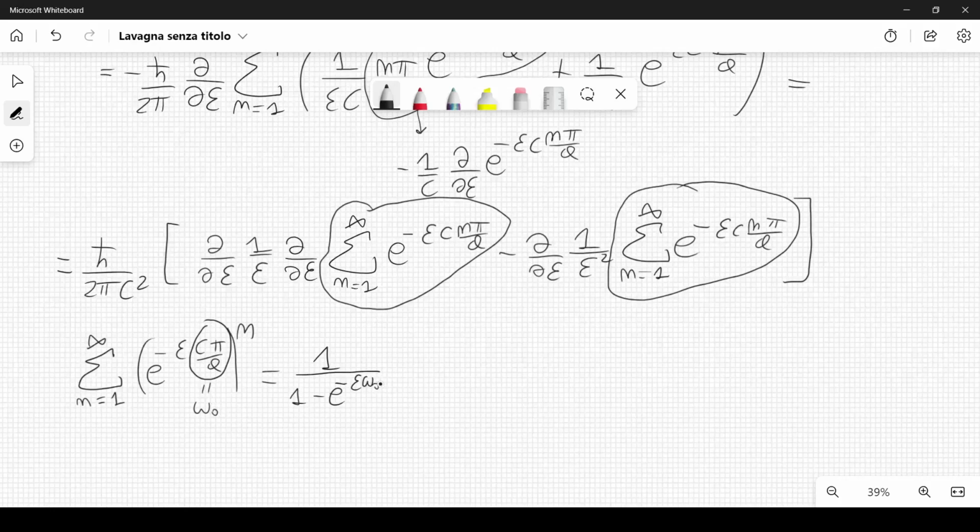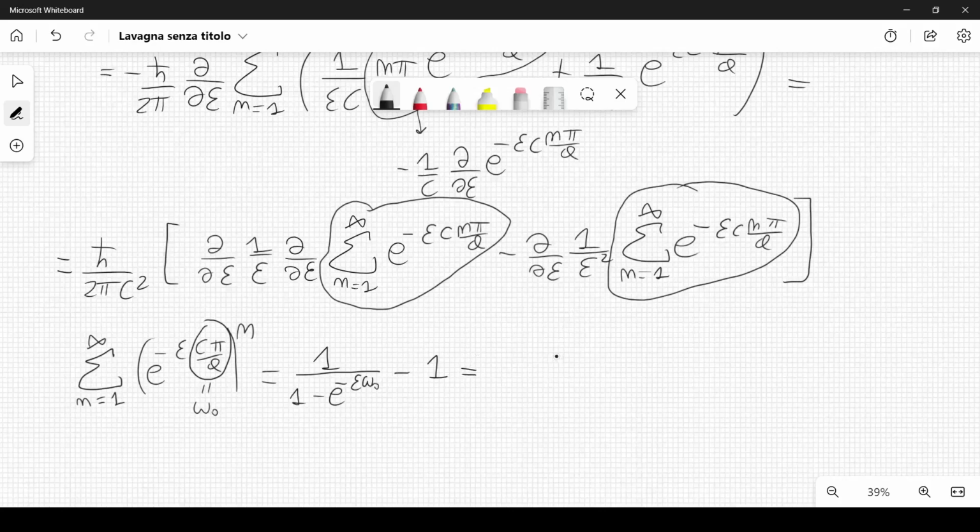So here we have omega 0, and then we have to subtract 1, because the summation starts at 1, so this is the result that we would get if the summation started at n equal to 0. But since it starts at n equal to 1, we have to subtract the value that this term has when n is equal to 0. Since the value that this term has at n equal to 0 is equal to 1, because something raised to the 0 is equal to 1, therefore here we have to subtract just 1.